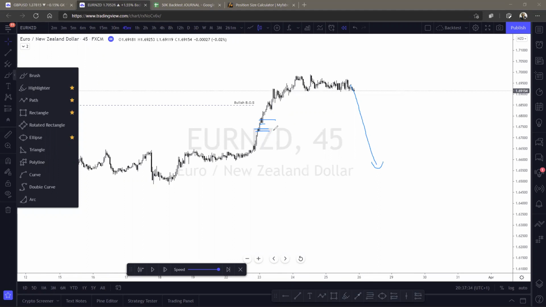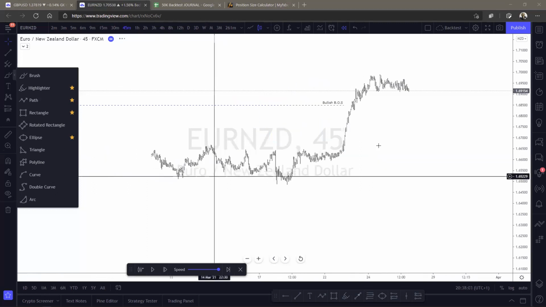The ones that I really like to look for are the reaccumulations that start with the distribution, then we get the accumulation here, then we get that break of structure, and that break of structure not only breaks this structure, but it goes ahead and breaks the higher time frame structure as well. Those are the ones where we can see them walking the orders in. But here, I don't think that's gonna hold anything. So let's see anyway. Okay, so that's that.